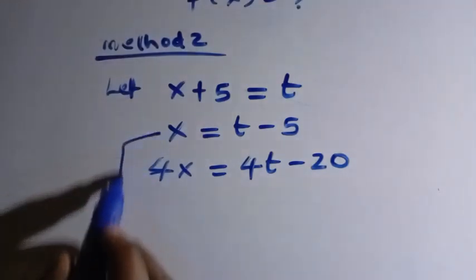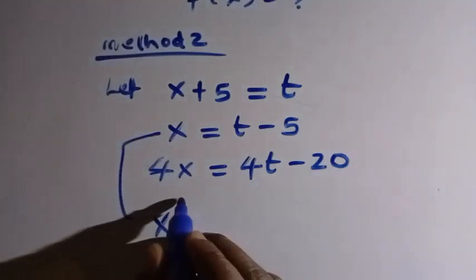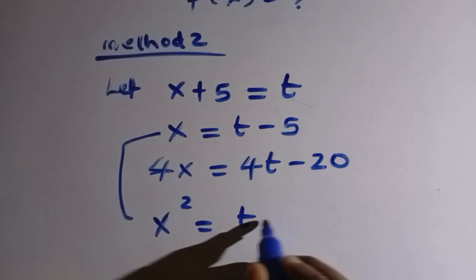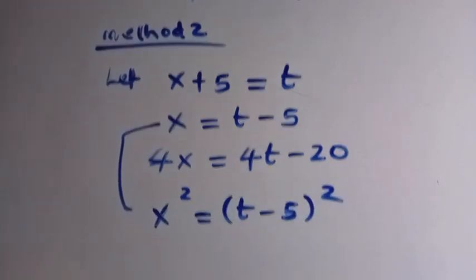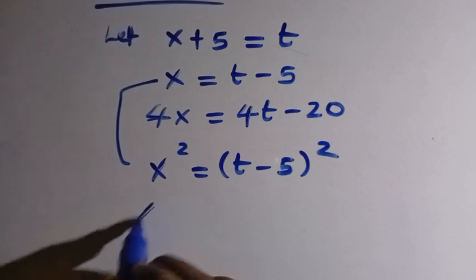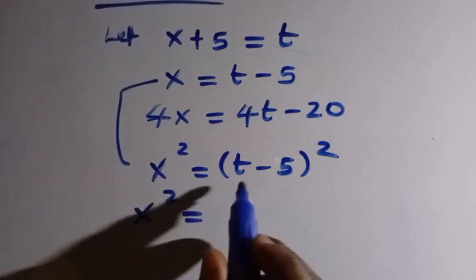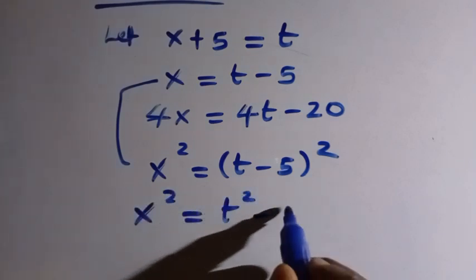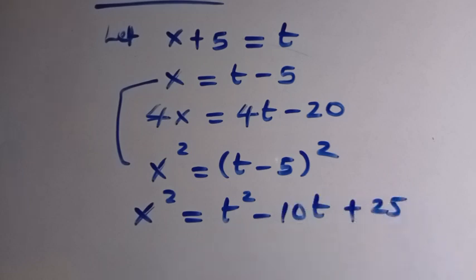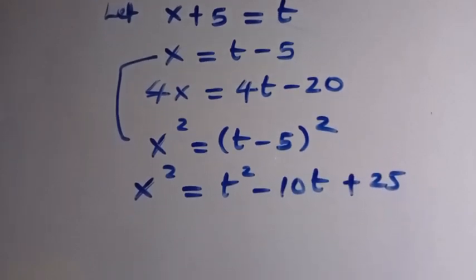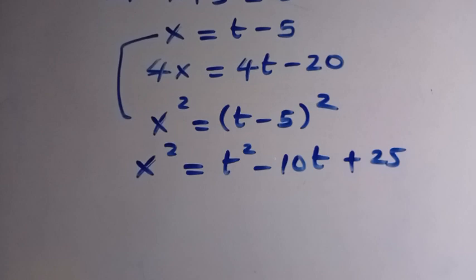From here we have x squared equals t minus 5 all squared, so x squared equals t squared minus 10t plus 25. So let's try and substitute everything back.